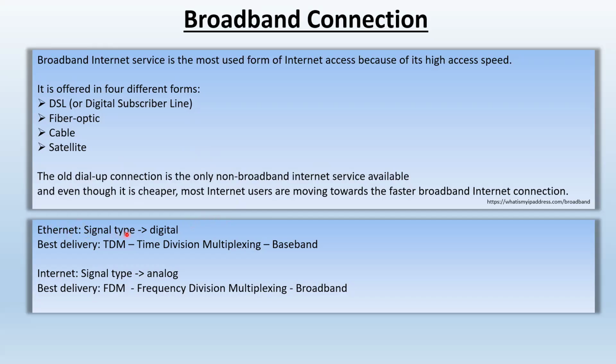The Ethernet signal is a digital signal because that's on the other side of the modem, on the inside of the house. And the best delivery would be time division multiplexing, which would be a baseband, not a broadband. It's all about the baseband.